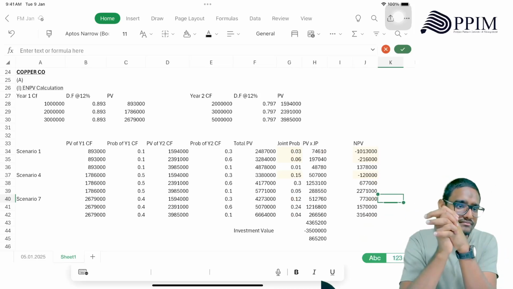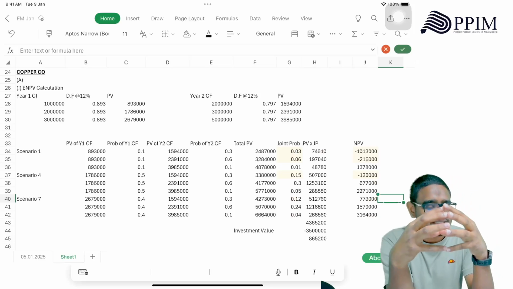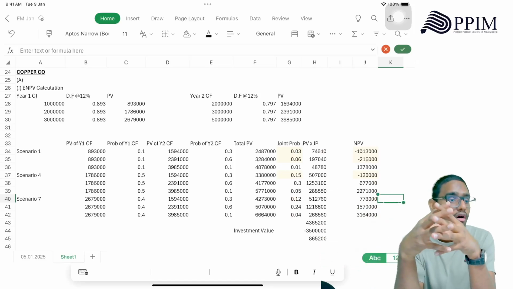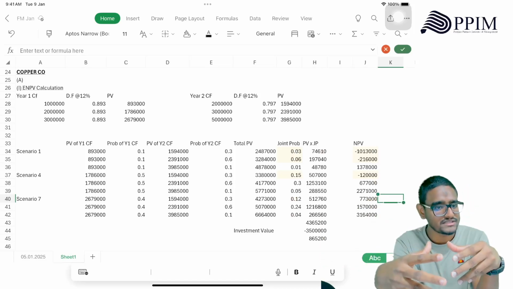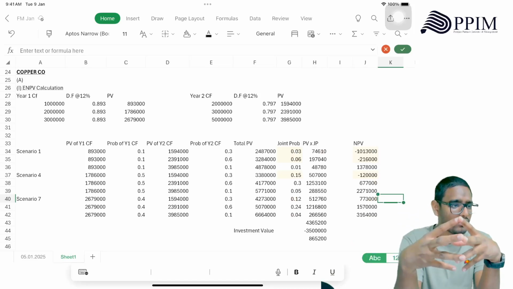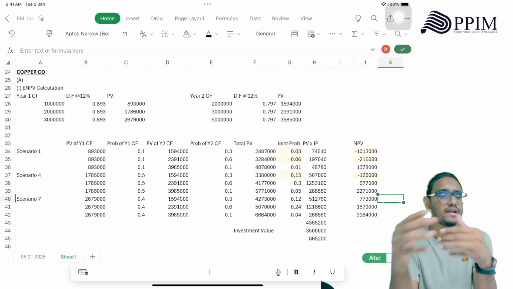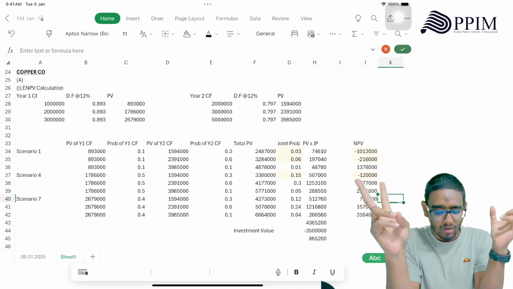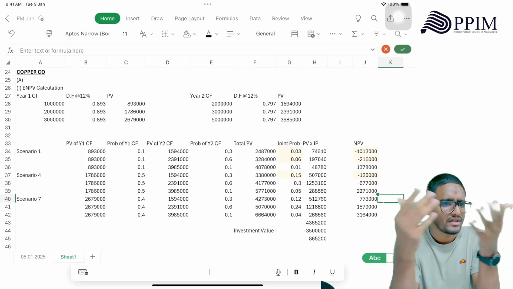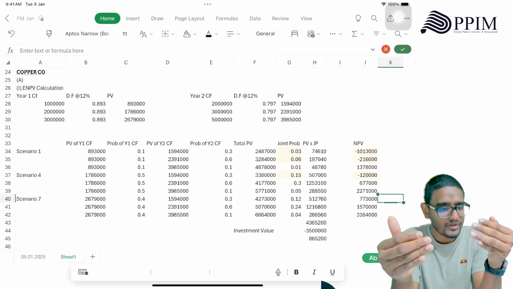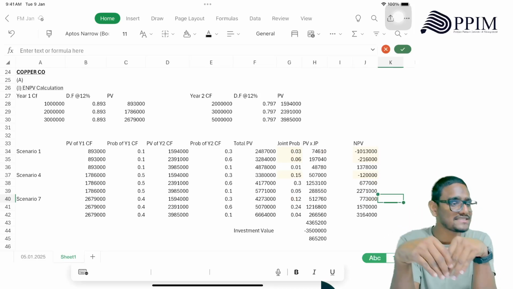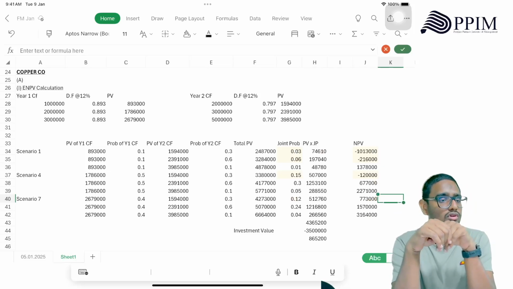So if you're figuring out the probability of the negative NPV, you add 0.03 with 0.06, which is 0.09, plus 0.15 to give you 0.24.